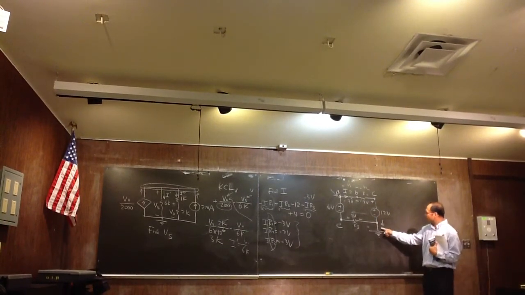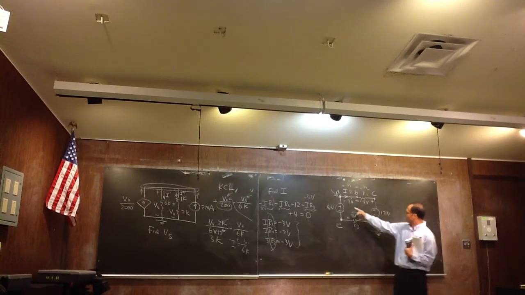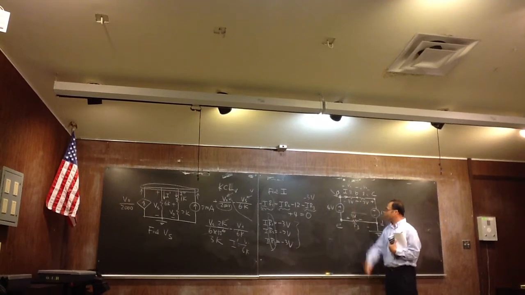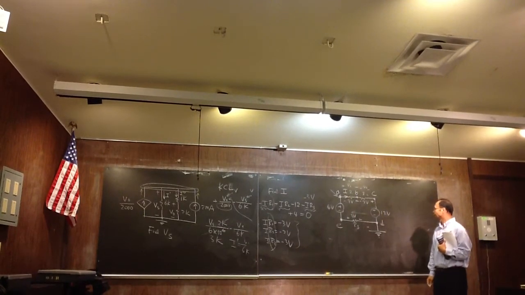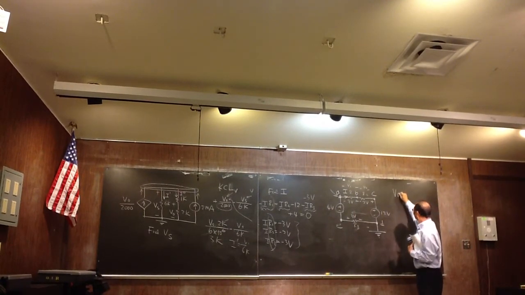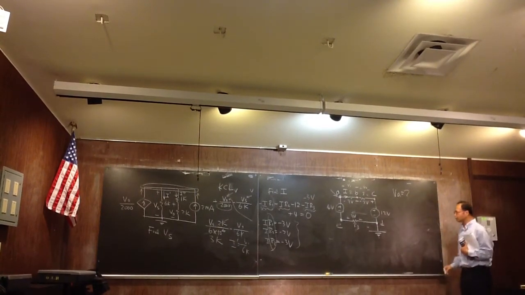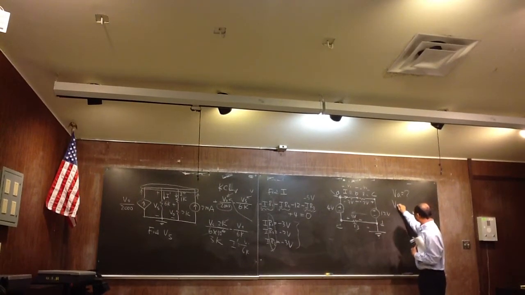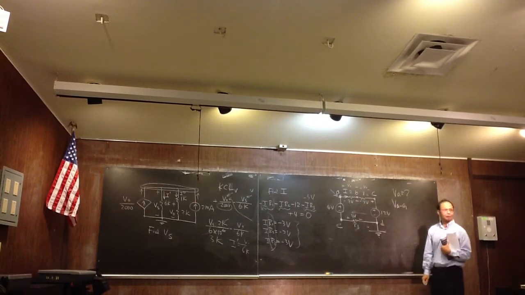If I define a ground right here, then I want to find out what is V sub A. When I say V sub A, that means V sub A to the ground. Got it?